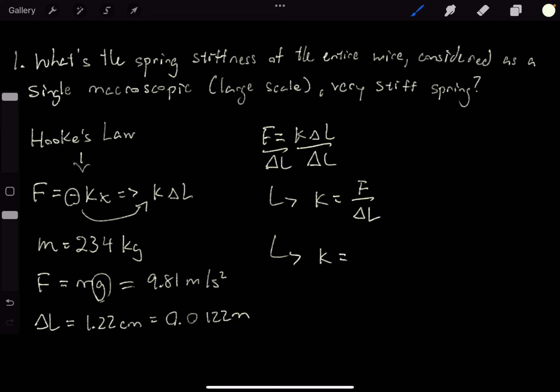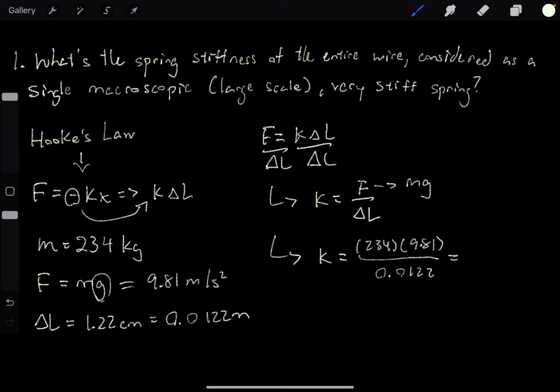Alright, so k equals, now we know force can be the same thing as mg. So mass is 234. Kilograms is already an SI unit, so we don't have to convert that to anything else. And 9.81 meters per second squared, that's also an SI unit, so just leave it as that. Divided by 0.0122.